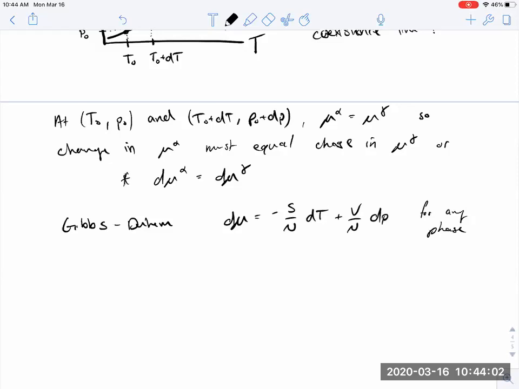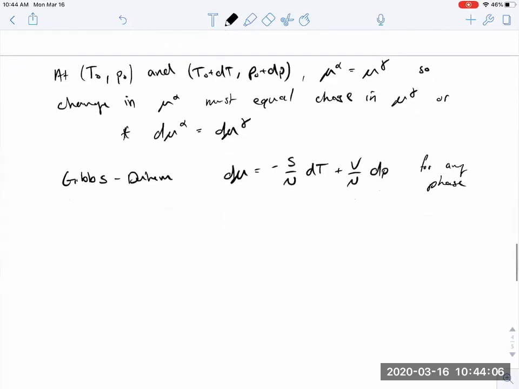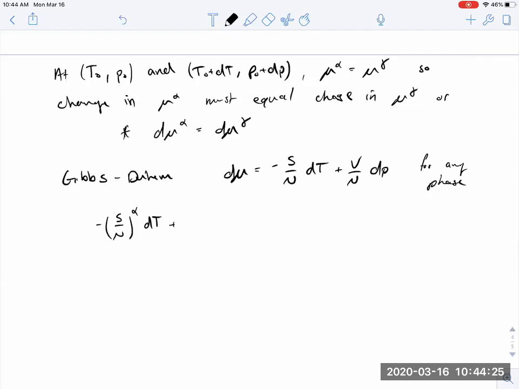So this equality, combined with the Gibbs-Duhem equation, lets me uncover that the entropy per particle for phase alpha times dT, which I don't need to give a label to because the temperatures are equal for both phases, added to the volume per particle for phase alpha times changes in the pressure dP, must be equal to that for phase gamma, namely the entropy per particle for phase gamma times dT, plus the volume per particle for phase gamma dP.